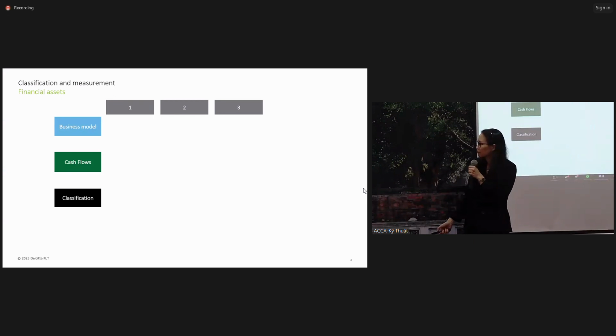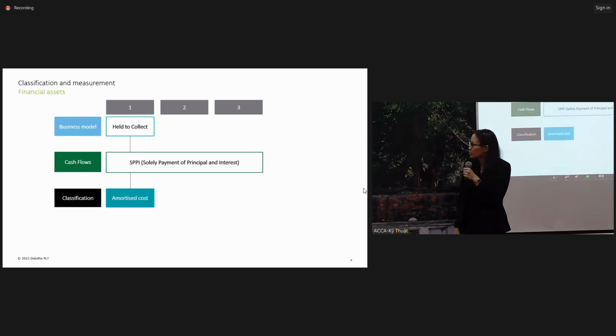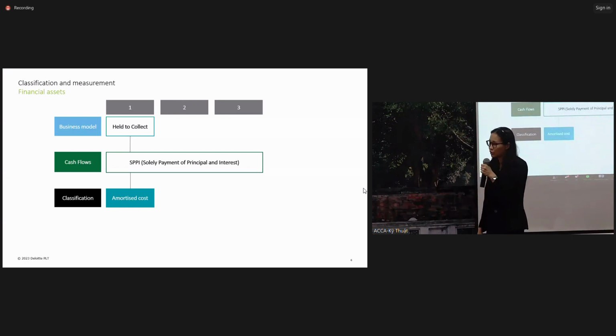The contractual characteristic test is whether the contractual cash flows are solely payments of principal and interest, which we call the SPPI for short. So for the rest of the day, I will use the term SPPI.